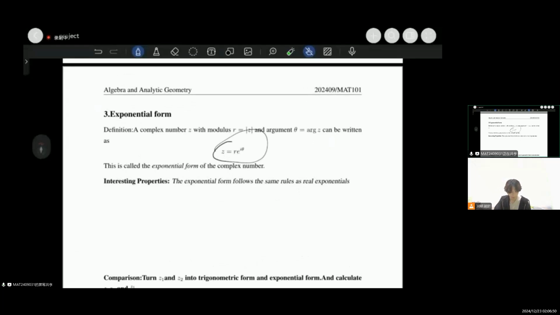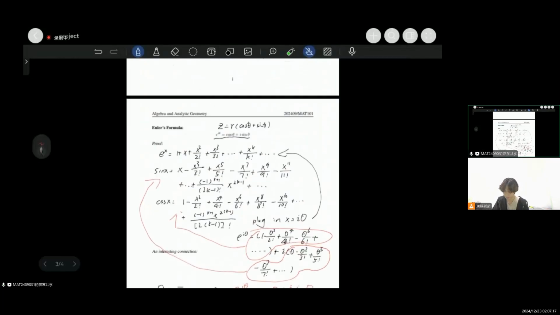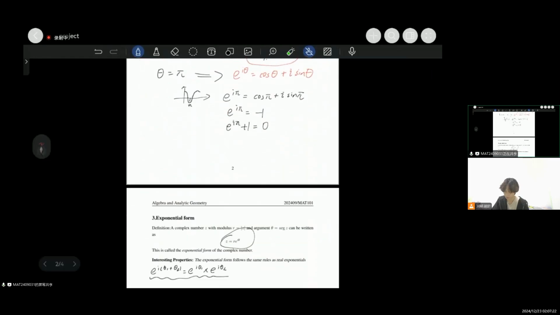Take, for example, this one. To prove this, we could use Euler's formula, and I will write it here.